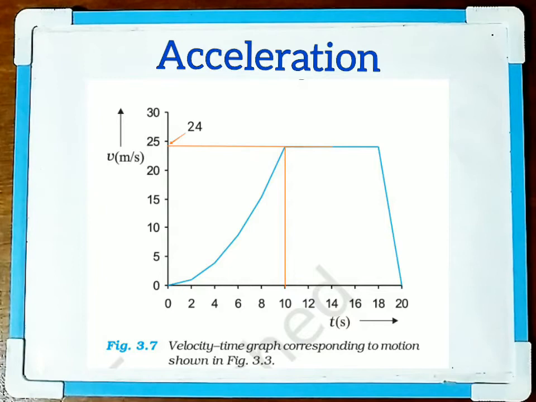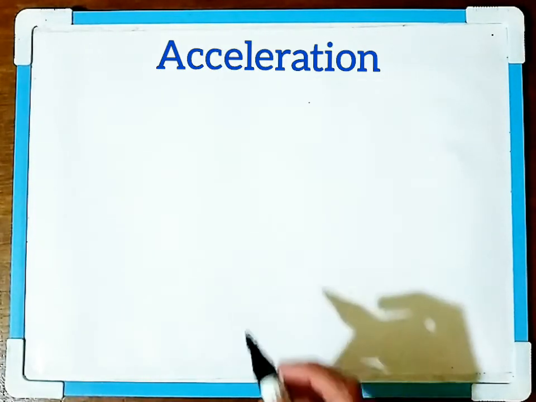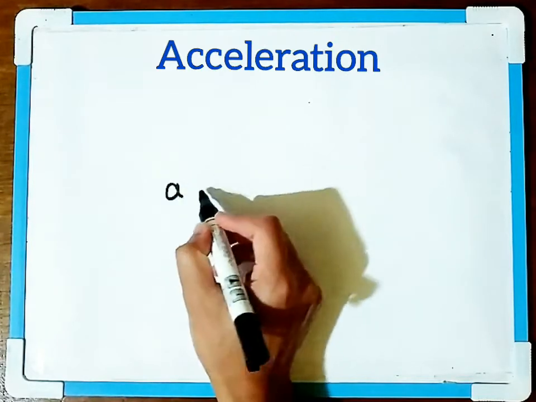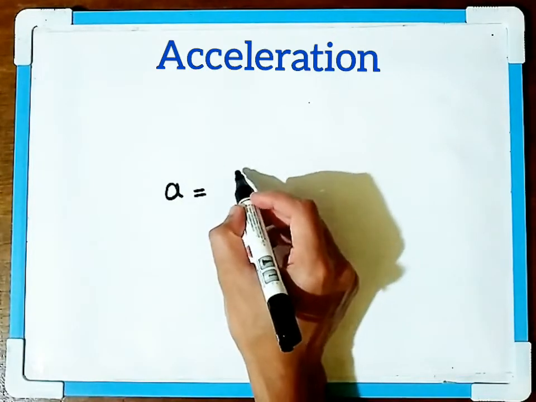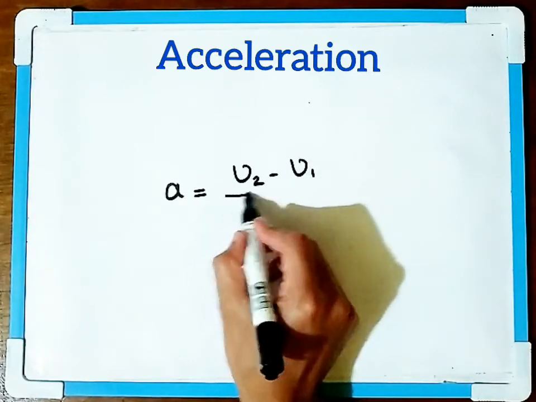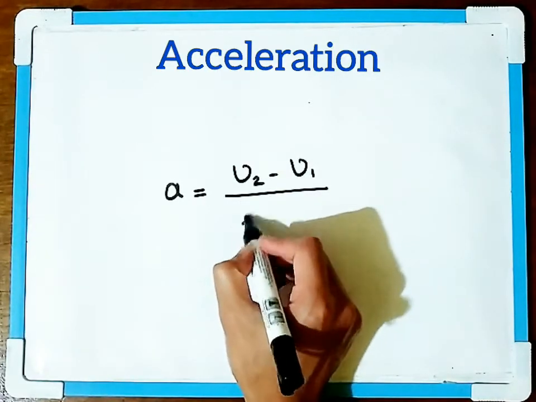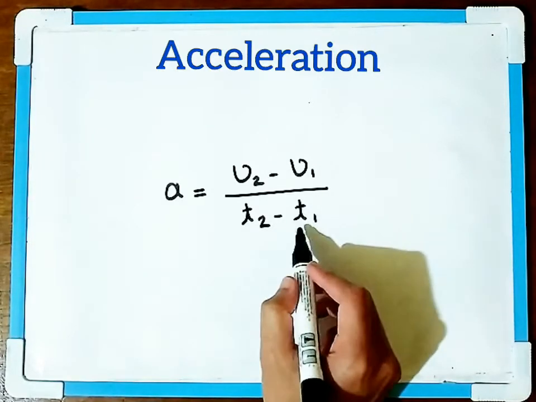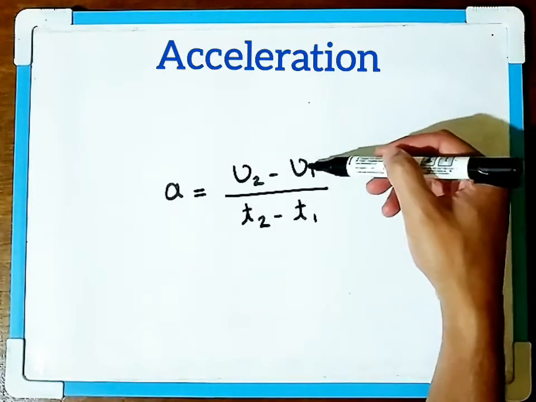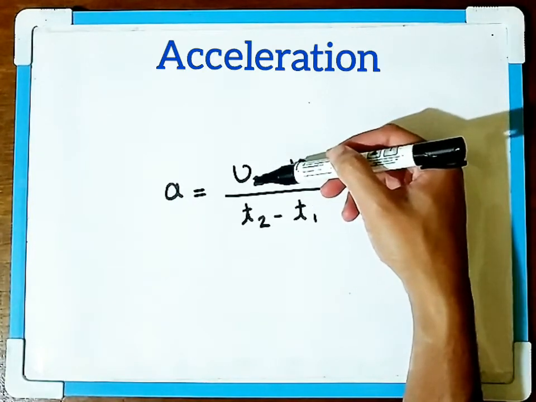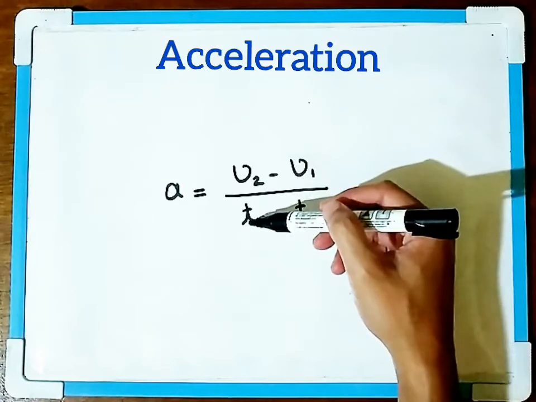So in general, we can write the average acceleration a equal to v2 minus v1 divided by the time interval t2 minus t1. t1 is the initial time, and v1 is the velocity at time t1, and v2 is the velocity at time t2.